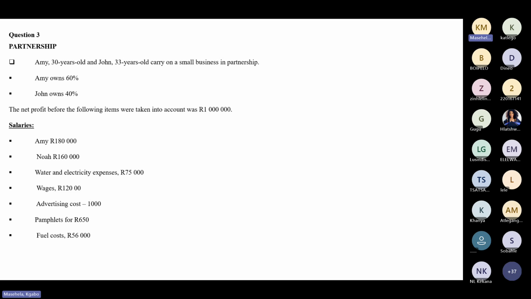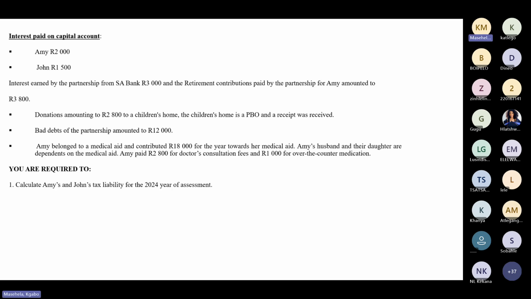This is the net profit of the company, the salaries, the fuel, the pamphlet, advertising, wages, water and electricity. Let's see. Interest paid on capital account. They've got these investments of which it earns an interest.